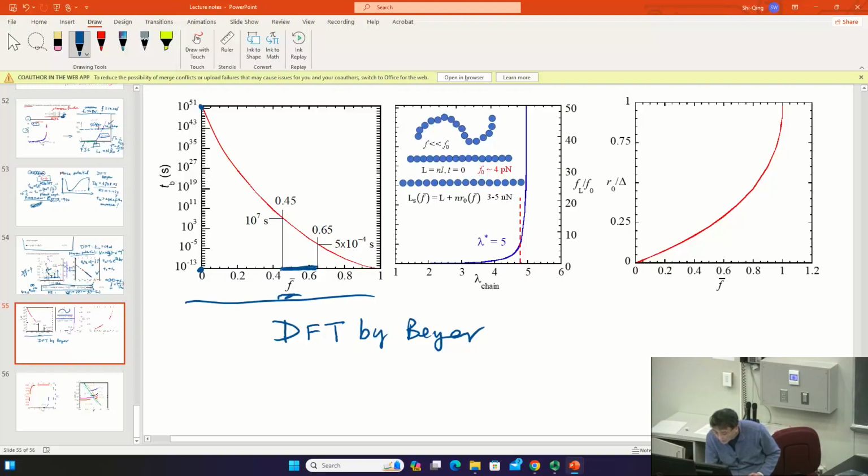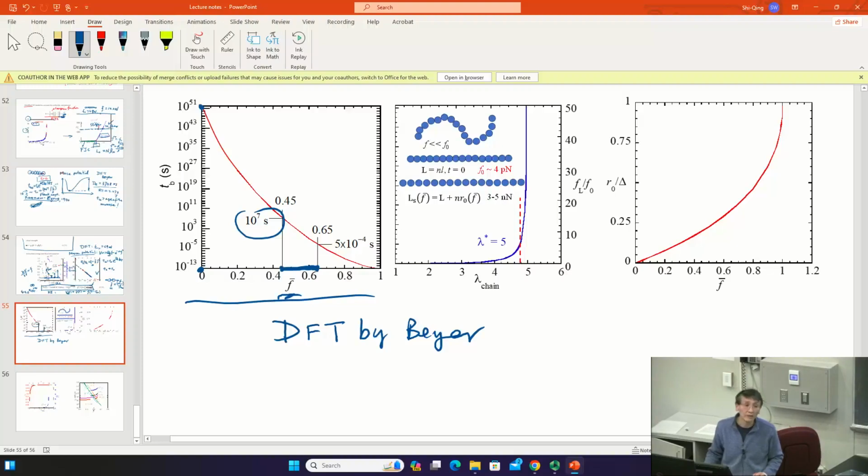Corresponding to something like 40% to 60% of the maximum force, you are bringing down the lifetime of your bond into your experimental window, meaning your experimental time scale, going as much as 10 to the 7.